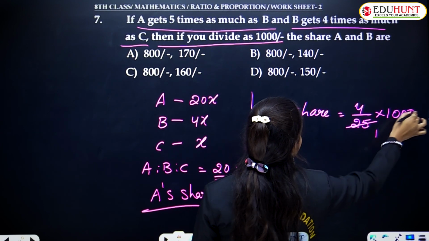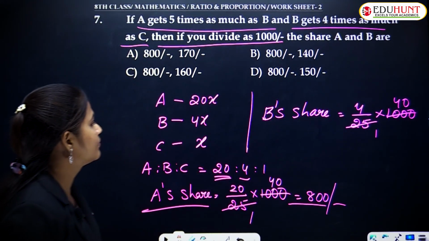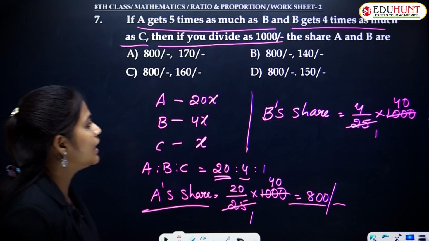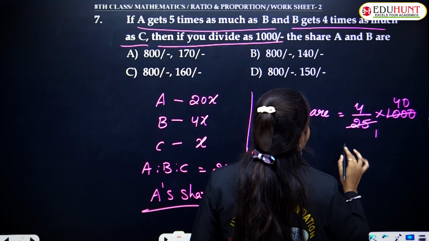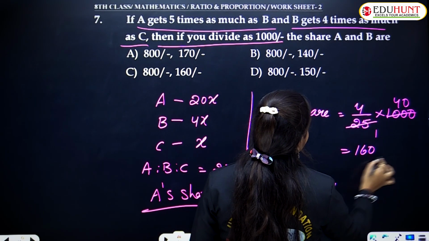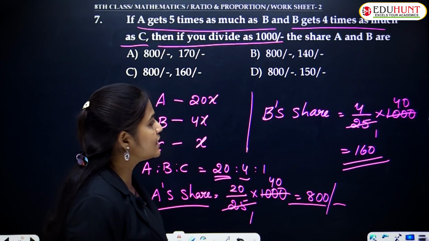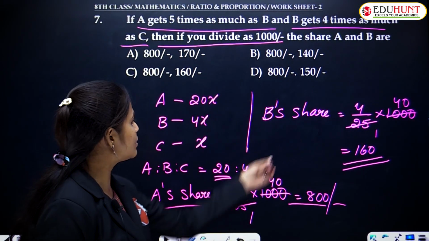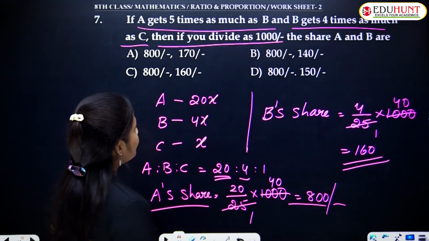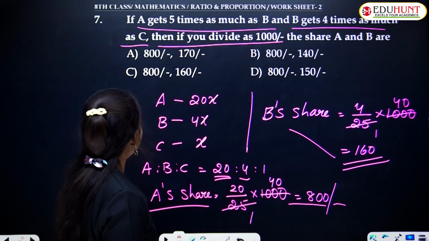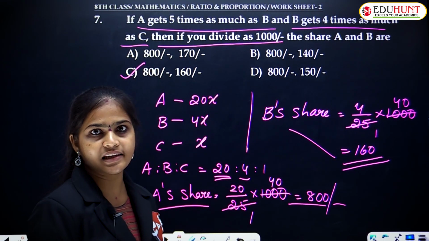So 25 forties. 4 into 4 is 16 and 4 into 0 is 0, so 160 in total. So this is B's share. Which option is correct here? 800 and 160. Option C is correct here.